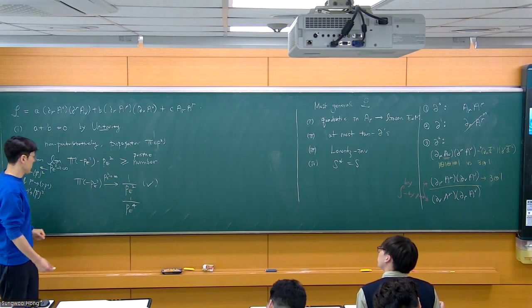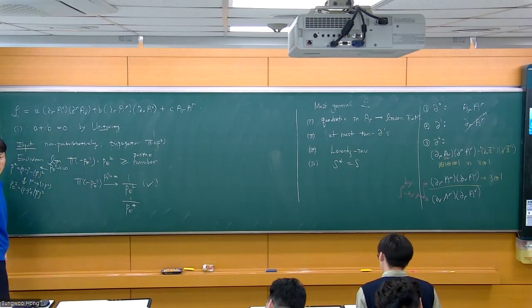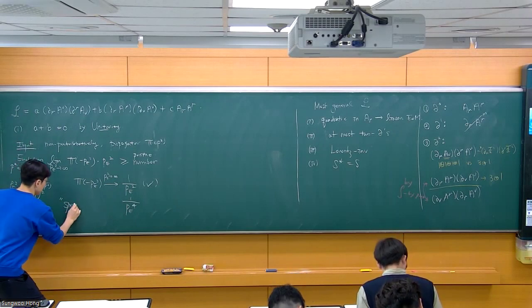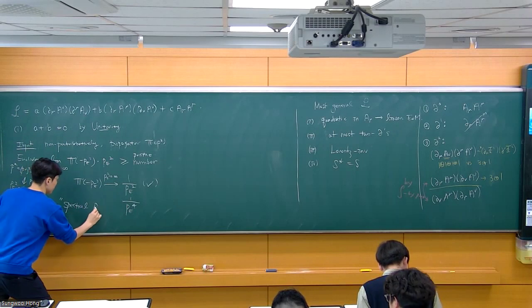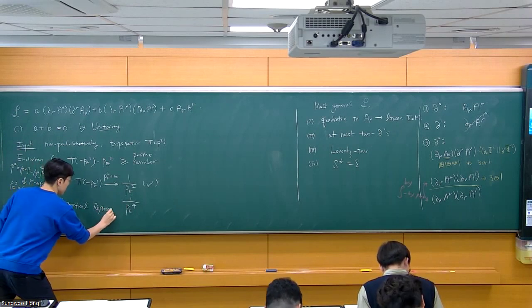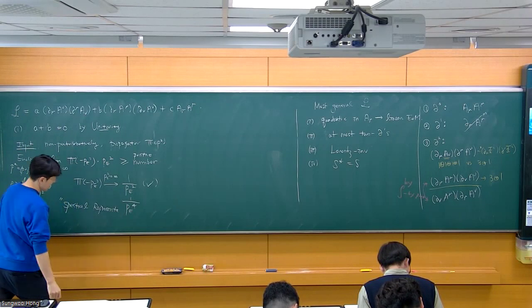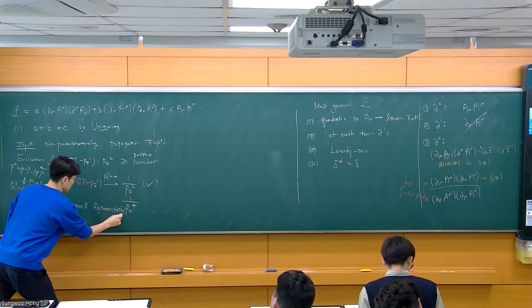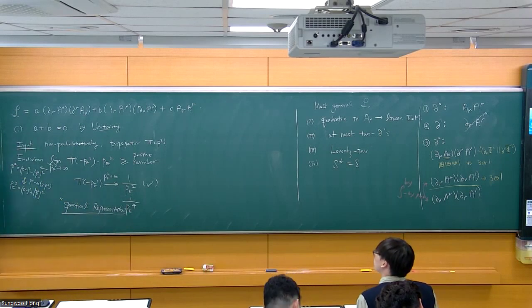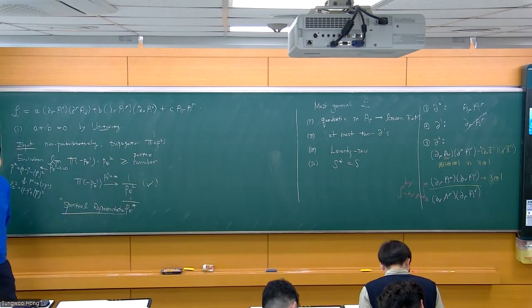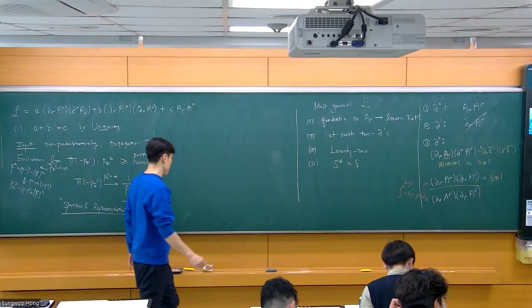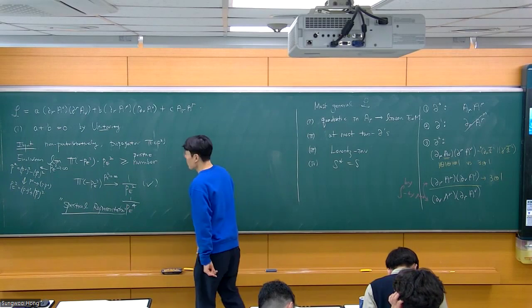We will eventually prove this by studying what's known as the spectral representation. For now, let's just take this as an input and see how far we can get with this. So good, let's just accept this for now.